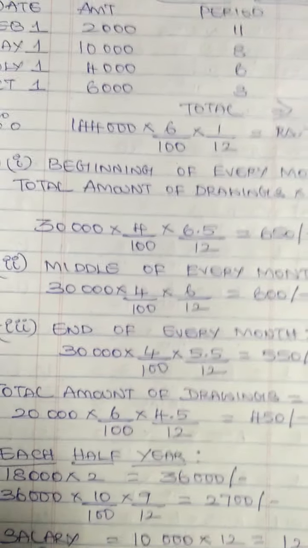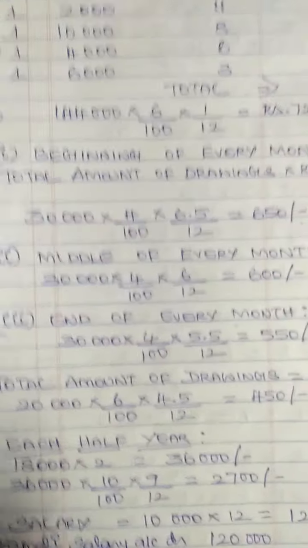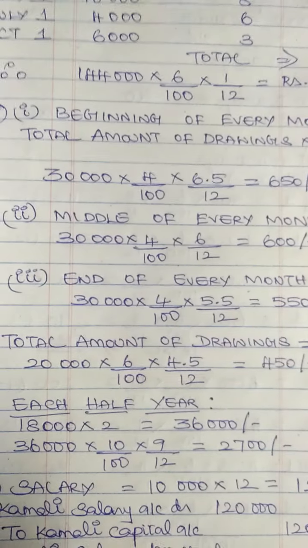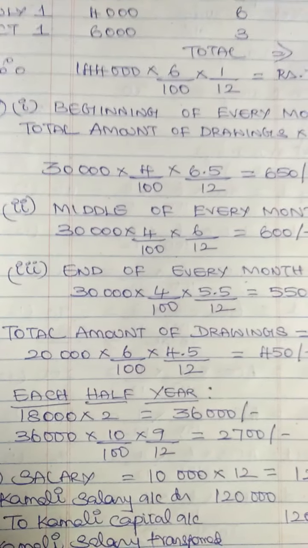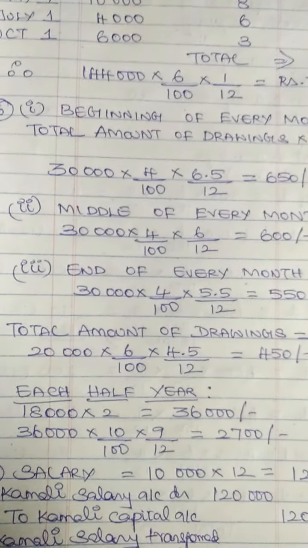So here the total amount of drawings is given in the question: 30,000 into 4 by 100 into 6.5 by 12. That comes to 650. Then again the second subdivision, middle of every month.